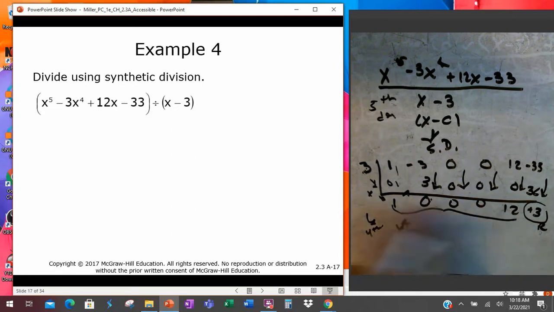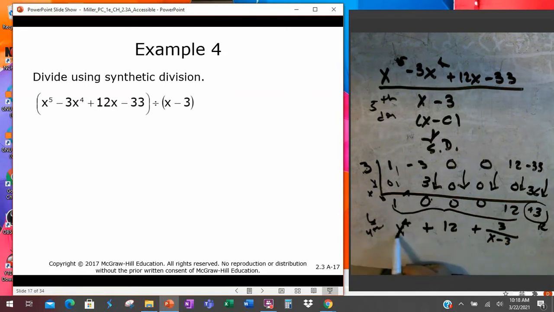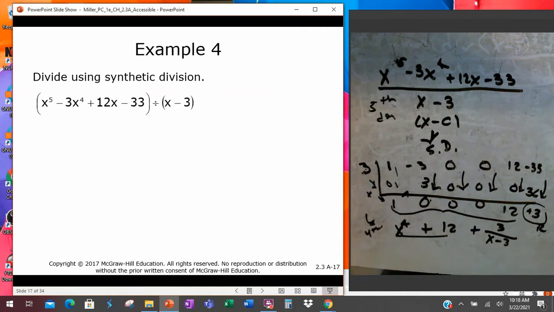All the zeros I don't ever write. Plus 12. And if I'm completing this out, this is 3 over x minus 3. x to the 4th plus 12 plus 3 over x minus 3. And now if I did this out, this should give me the very same thing that I started with.